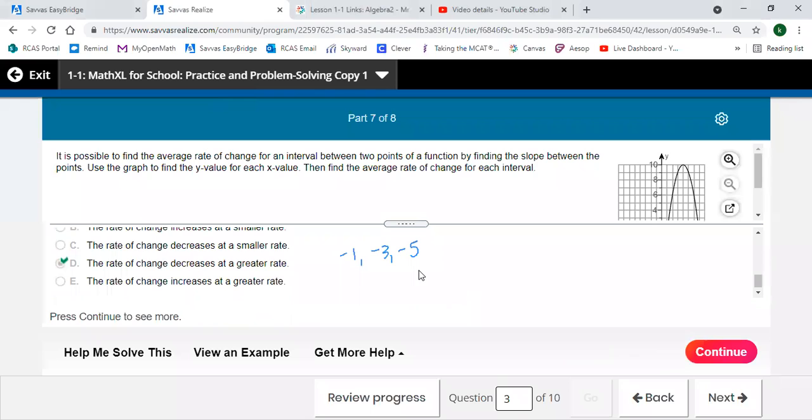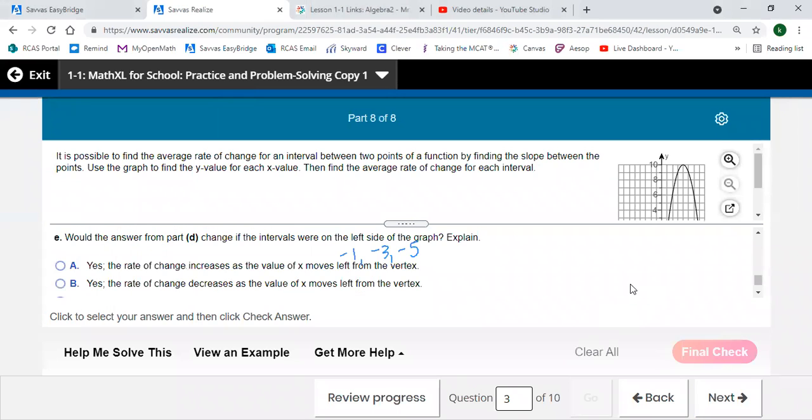And then the last question: would the answer from part D change if the intervals were on the left side? So if we were talking about this side of the graph, the rate, if you think of it being not positive or negative, would be the same. But when you compared them over here, they'd be a positive, not a negative rate, right?